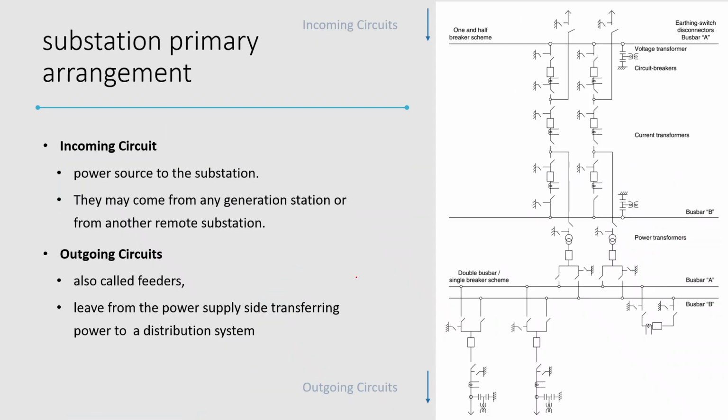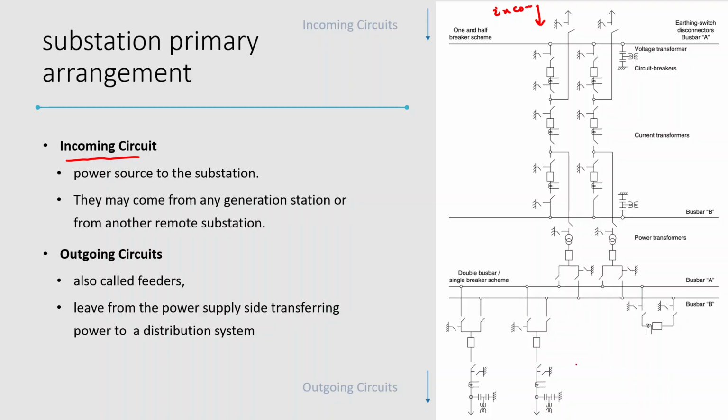Okay. So when you look at the primary arrangement of the substation, as I discussed earlier, you have the incoming circuit in here. For example, this is an incoming circuit, which is the power source to the substation, and it may come from any generation station or even from another remote substation, right?